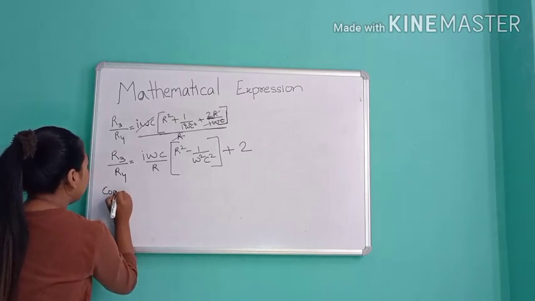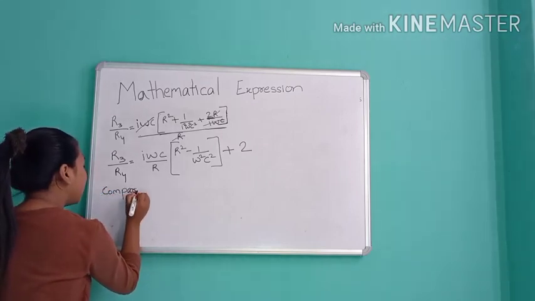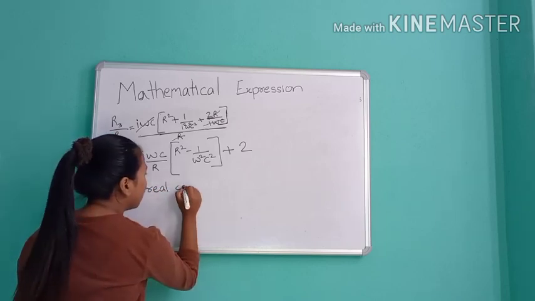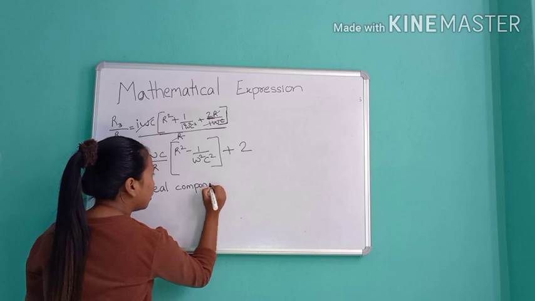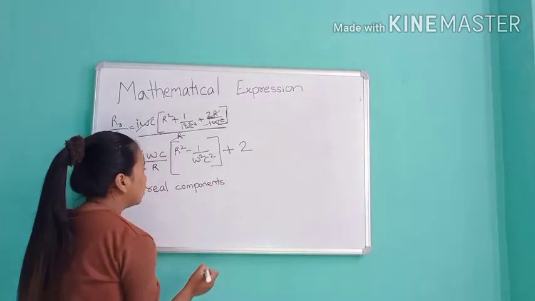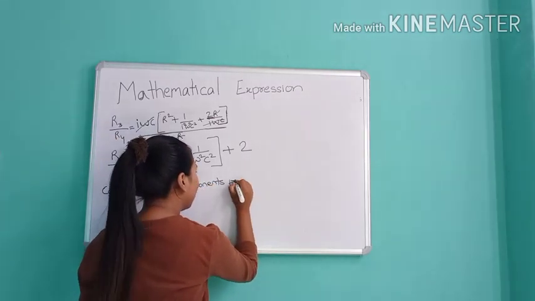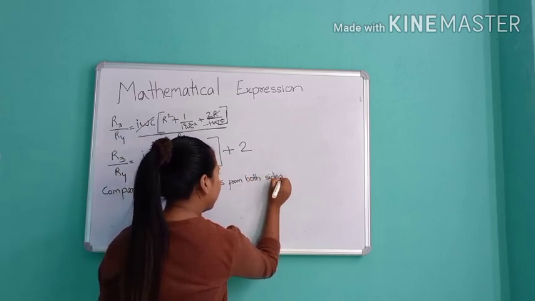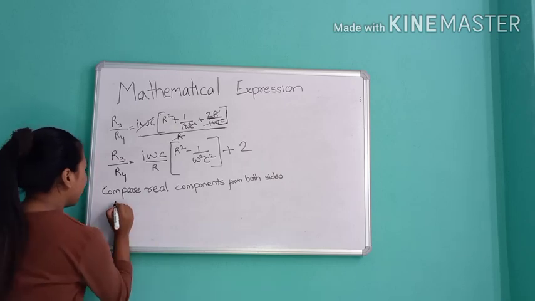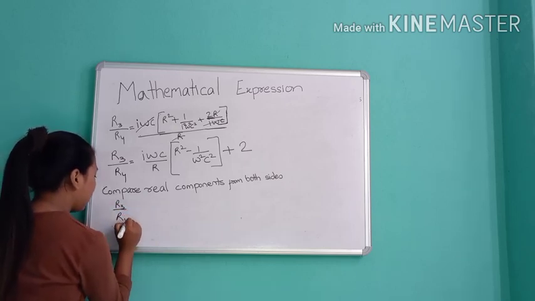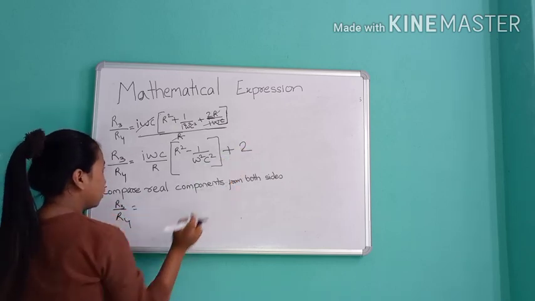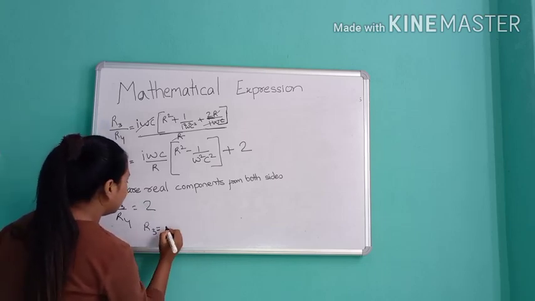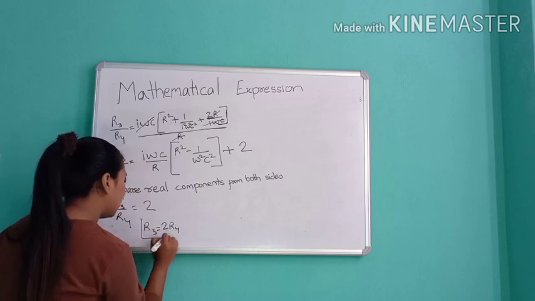Now compare real components from both sides. R3 by R4 equals, this is real components, 2. Therefore R3 equals 2R4.